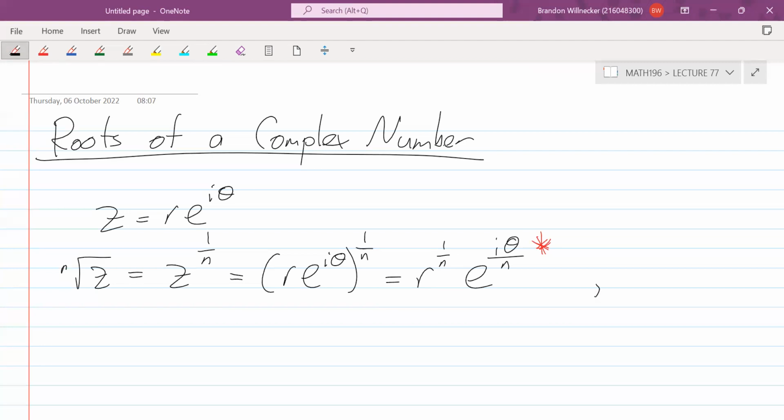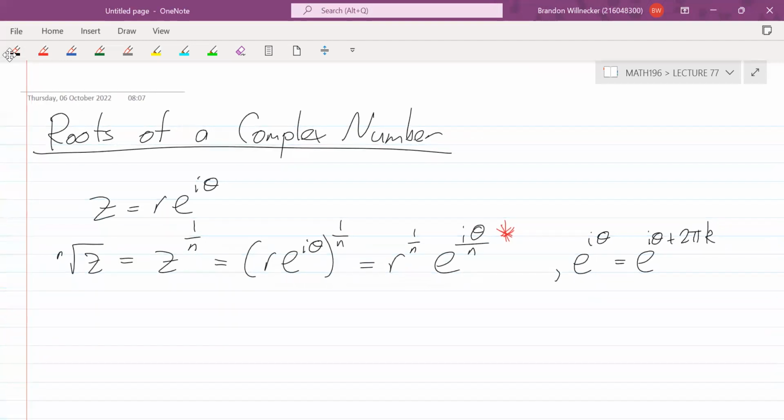So if we write it in Euler's form, this function being 2 pi periodic is the same thing as saying e to the i theta is equal to e to the i (theta plus 2 pi k), where k is some integer.